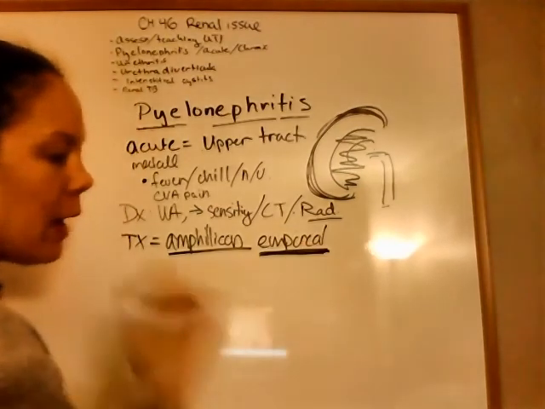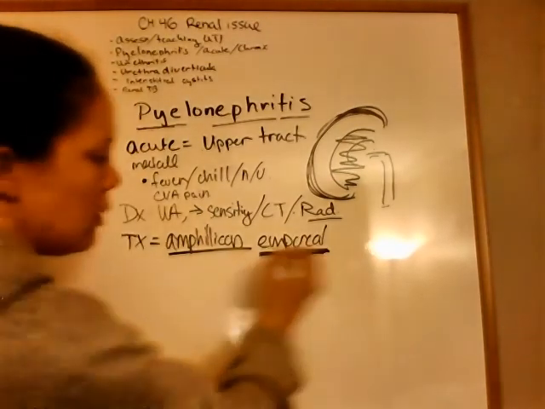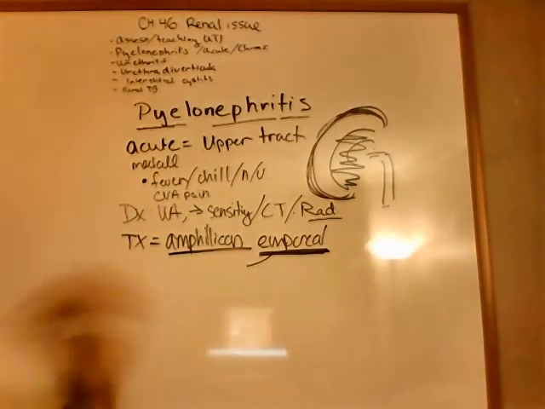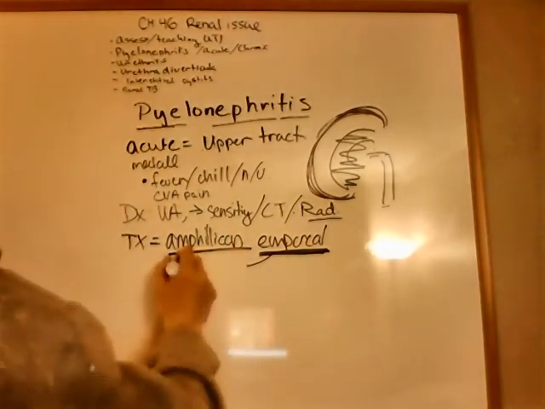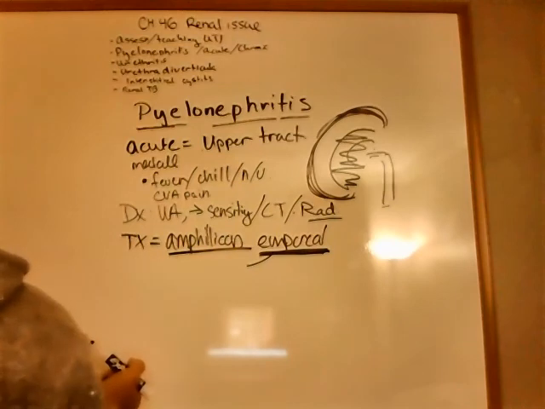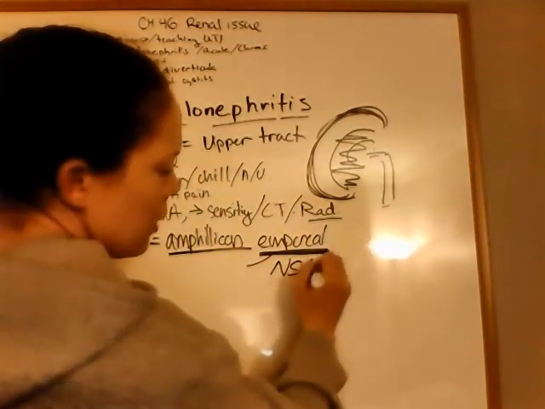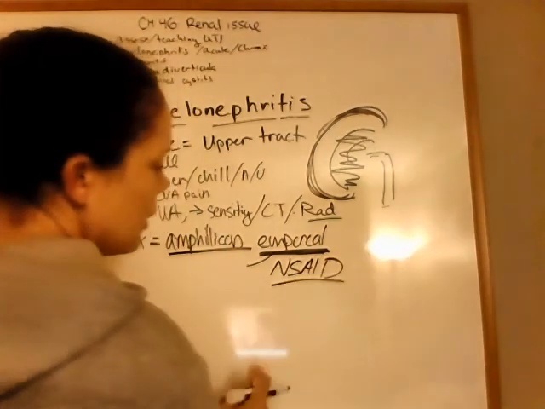It means that, hey, I know something is wrong. I need to use some type of antibiotic. I'm going to just pick a general one, amoxicillin or ampicillin, or something of that nature. Of course, you can have NSAIDs. Now, remember, there's nephrotoxicity with NSAIDs.